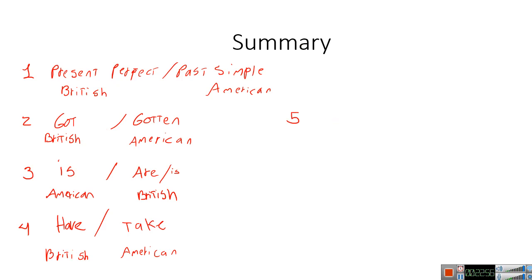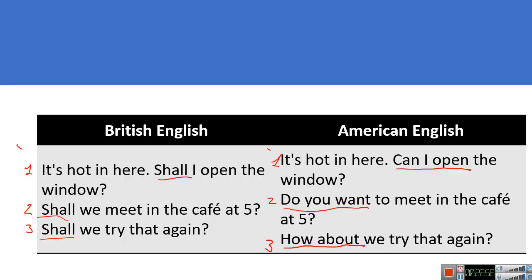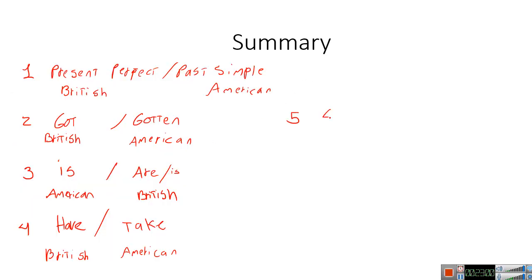That is gotten. No, wait. Shall. So we say shall, and here we can say can I, or I can say should, or I can even say what about. So which one is which, Lauren?